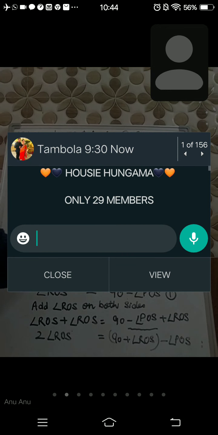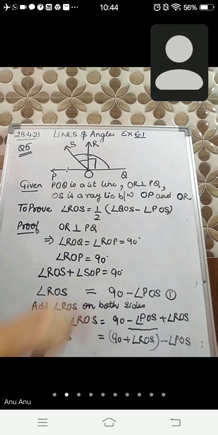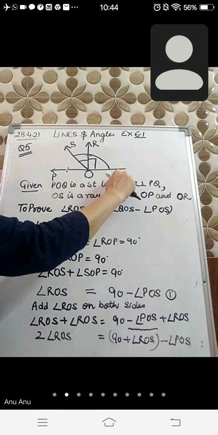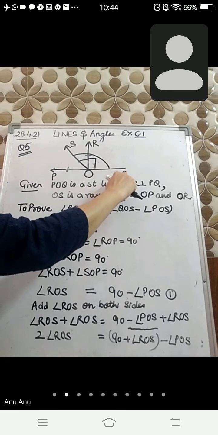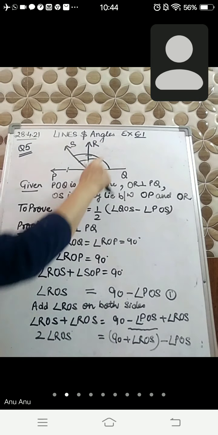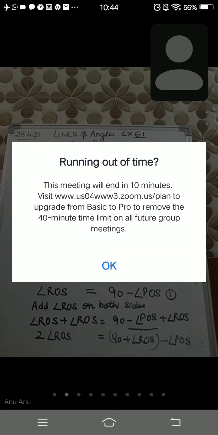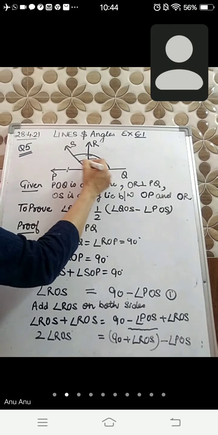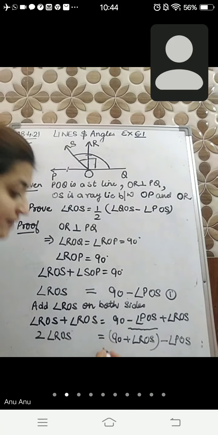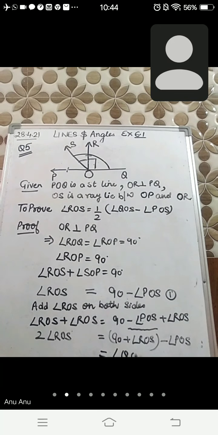So if I add ROS and ROQ, ROS plus 90, this is your 90, so I don't need to name it. You can also see that if you add 90 to this angle, you are getting QOS. So write this as QOS minus POS. This I have seen from the figure.